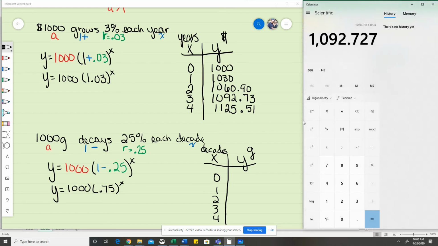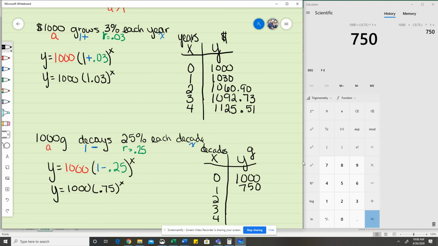So going back to our calculator over here, I know I start out with 1,000 grams. So 1,000 times, and in my parentheses, I'm going to have 0.75 to the first power. So I have 750 grams left of this substance after 1 decade.